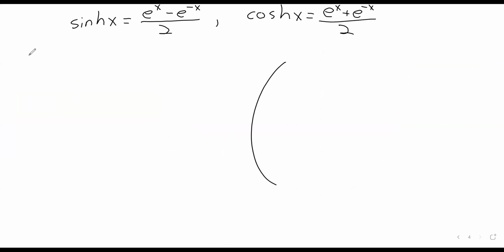As an example of something that's both a similarity and a difference, the standard sine and cosine that we're all used to satisfy the Pythagorean identity: the cosine squared plus the sine squared equals 1.